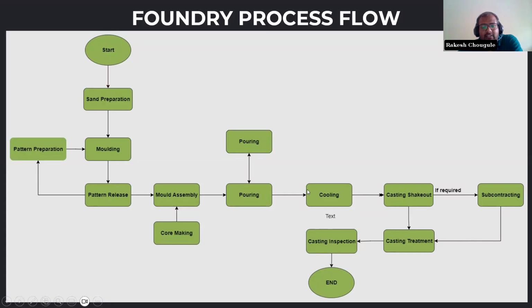After that, at the knockout stage, it will be cooled down, and after knockout it goes for shot blasting. Then it goes to casting treatments like painting, fettling, etc. In some cases it is sent out to subcontractors for machining or any other activities, and it comes back to us, and then we sell it. This is the process flow of the foundry manufacturing process, and this same process flow we have mapped in our software.